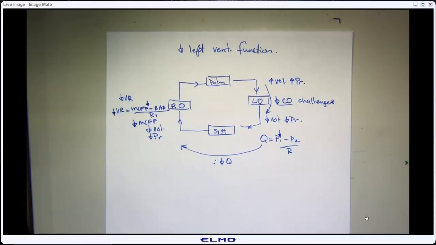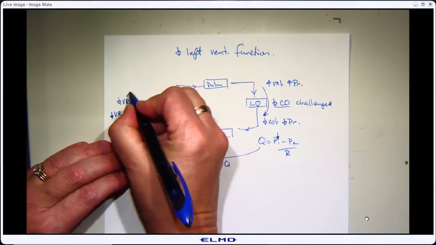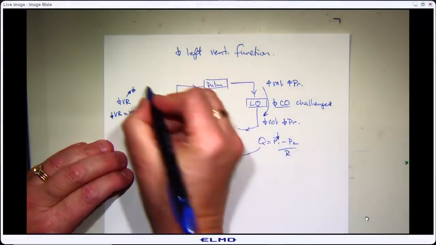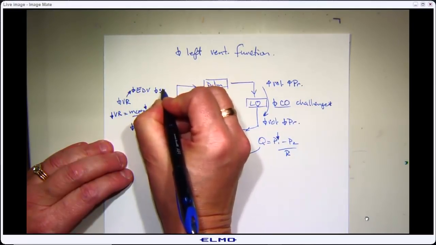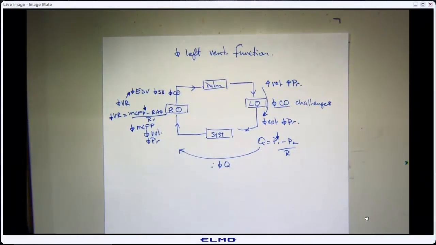Decrease venous return to the right heart. What does that mean? Decrease cardiac output. So that will result in a decrease in preload, right? Decrease end diastolic volume, decrease stroke volume, decrease cardiac output. Agreed.